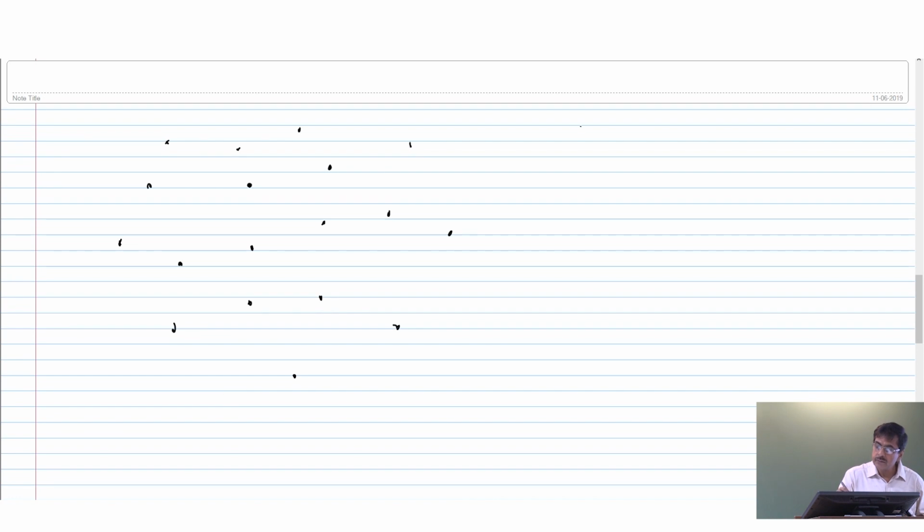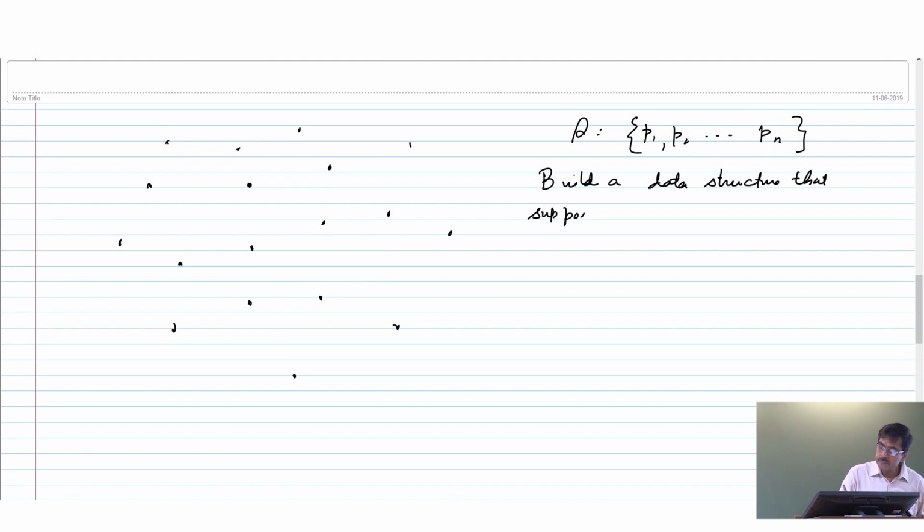So, suppose again this is a set of n points, and now I want to build a data structure that supports half plane queries. Okay, what do we mean by half plane query? Well, it is like this.